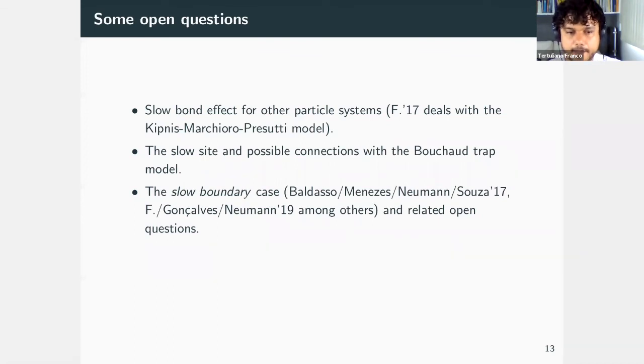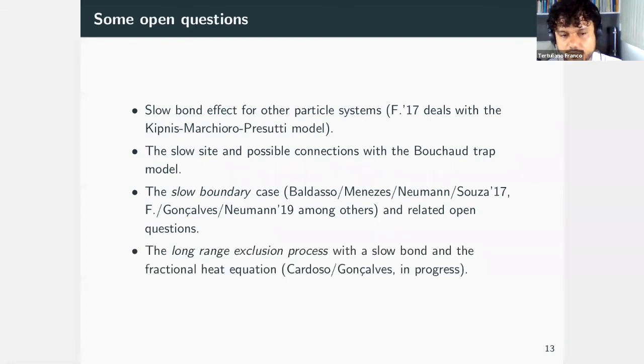And related to open questions, with Patricia and Adriana, we studied the fluctuations for this slow boundary. We also have this long range exclusion process with slow boundary. This is a current work of Pedro Cardoso, my former master student. He's in Lisbon, doing his PhD with Patricia Gonçalves at this moment.